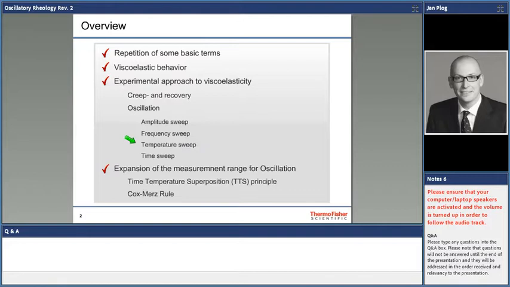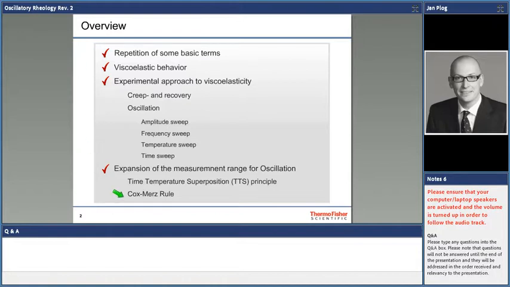So the frequency sweep is going to be the main topic of this lecture. Afterwards, I'm going to shortly talk about what else can be done in oscillation, namely temperature and time sweeps, for instance. And then I want to close this presentation with the time temperature superposition principle, what you can also do with oscillation to enhance the range of specific speeds that you can achieve on a rheometer, and to close the loop towards the basic viscosity.